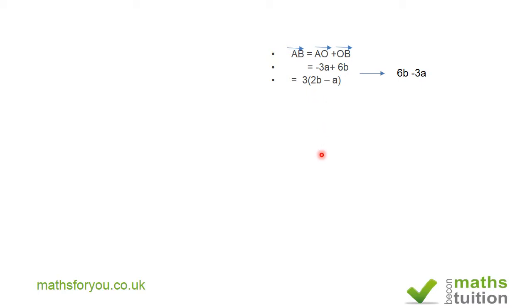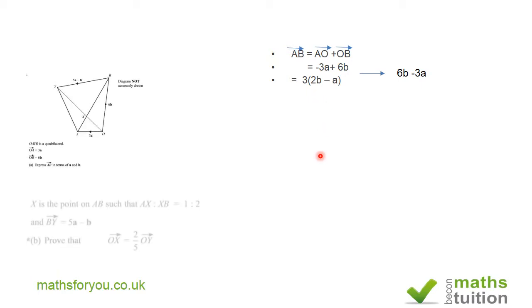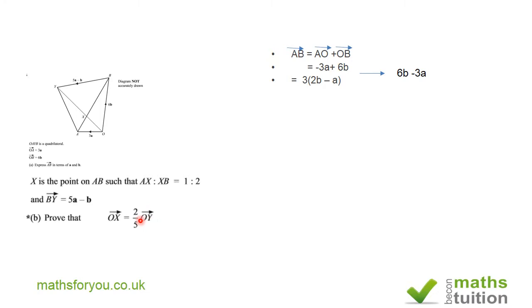Now, the second part of the question says we want to prove that vector OX is equal to 2 over 5 vector OY. To do that, we need to use what we found in the first part of this question.